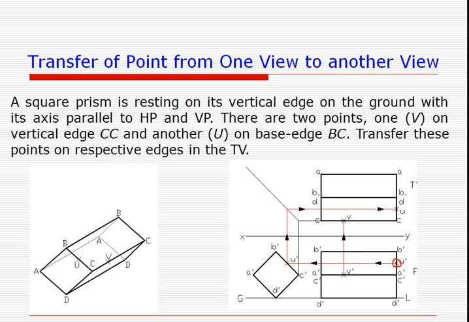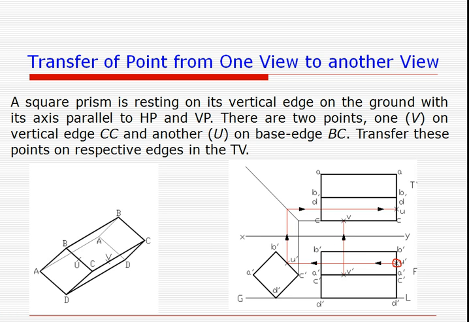Its position can be defined with the axis parallel to HP and VP, and the base lying on its vertical base. It is lying on the vertical edge of the pyramid with the rectangular faces equally inclined to the ground. So that is the position.